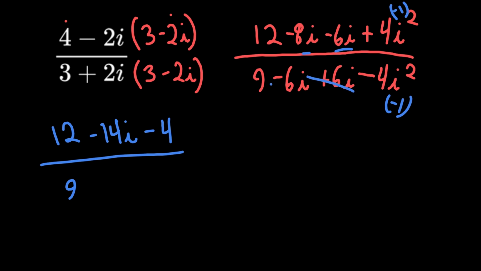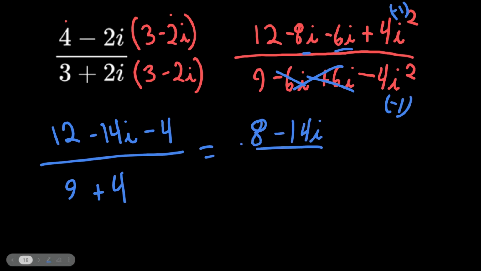Our 6i's will cancel out, so we don't even have to worry about those anymore. Plus 4, because that negative 4 times negative 1 will give me a positive. So when I combine like terms, I'll be left with 8 minus 14i all over 13.